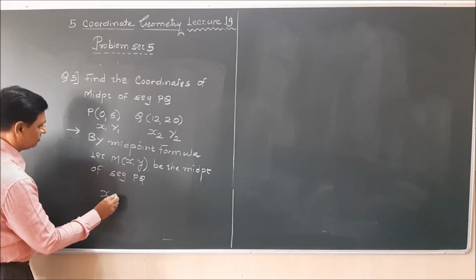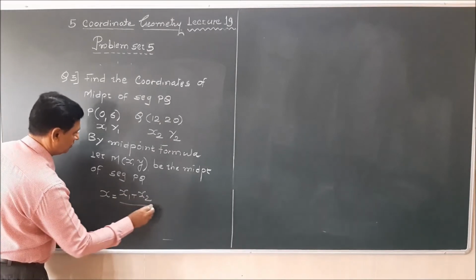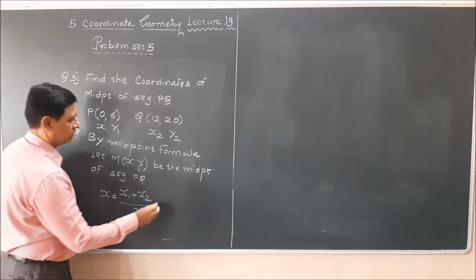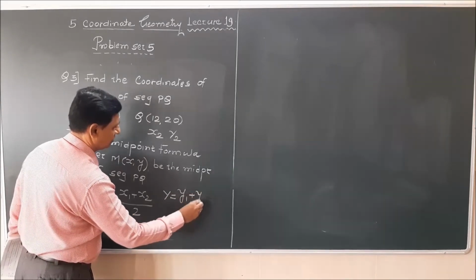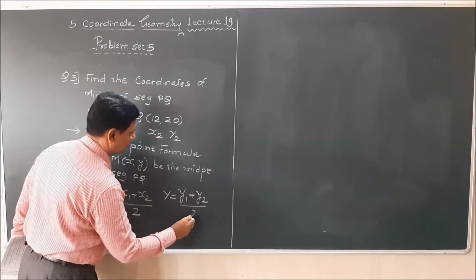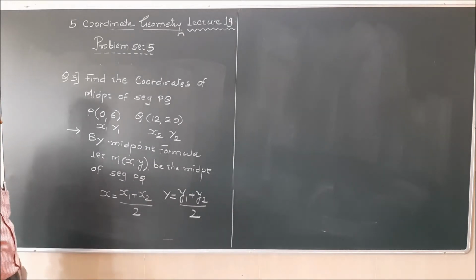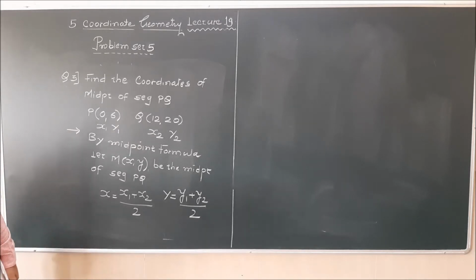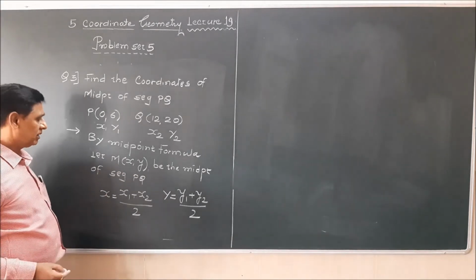Therefore, x is equal to x1 plus x2 upon 2. In the same way, y is equal to y1 plus y2 upon 2. So (x1 plus x2 upon 2, y1 plus y2 upon 2). This is the midpoint formula. And we have taken point M as the midpoint of segment PQ.